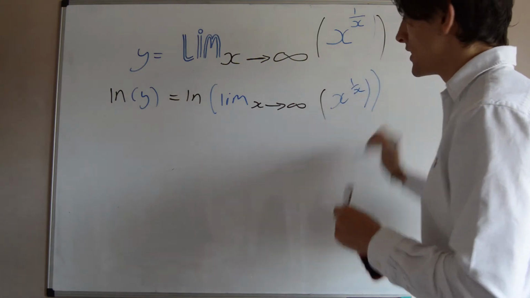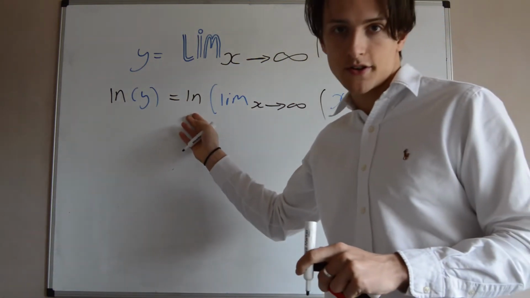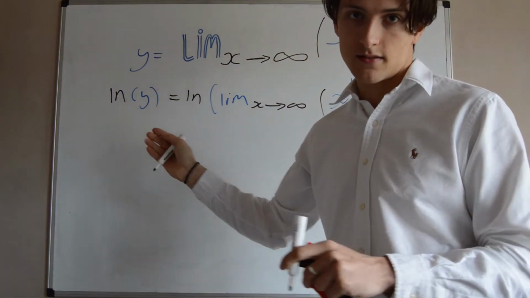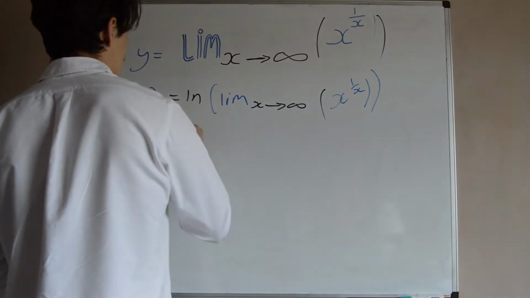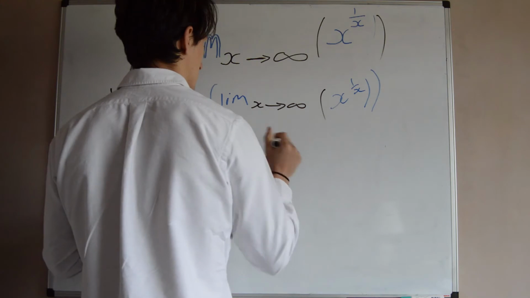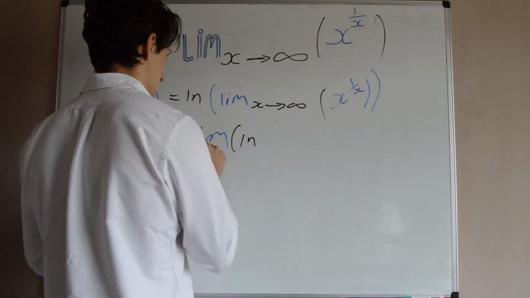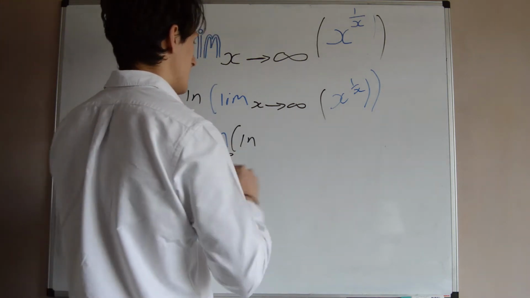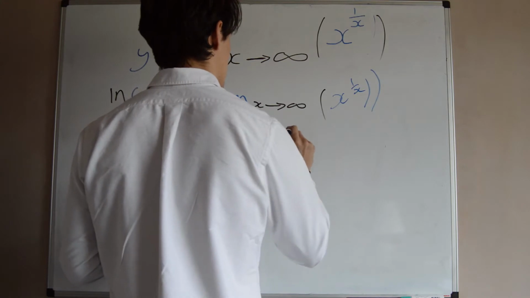But because the natural log is a continuous function, we can bring the limit outside. So this is equivalent to the limit, as x goes to infinity, of the natural log of x to the 1 over x.